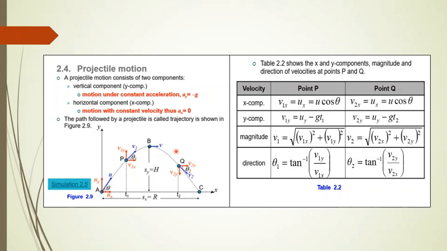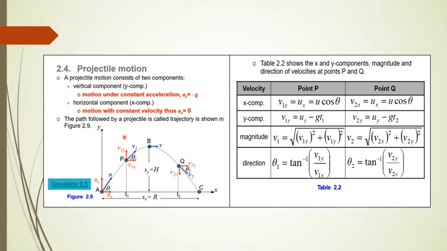The x component is always constant. For the y component, at point P, V1y equals uy minus gt1, whereas V2y equals uy minus gt2.